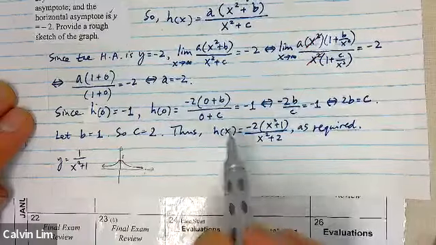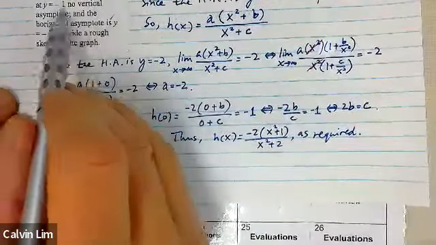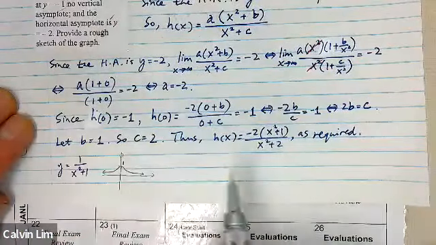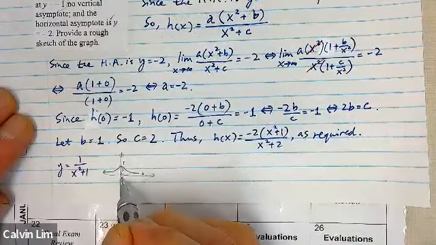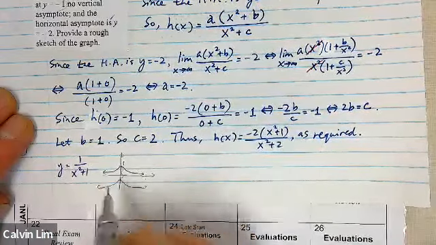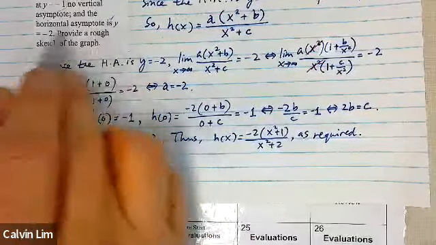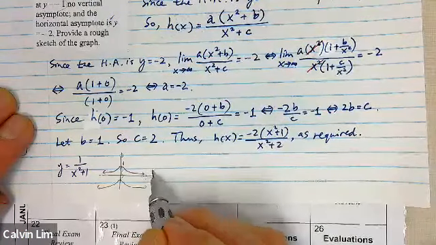How many steps below to get a y-intercept of -1? 2 steps, 1, 2. Will I have a horizontal asymptote y equals -2? This one, the y-intercept is y equals 0.